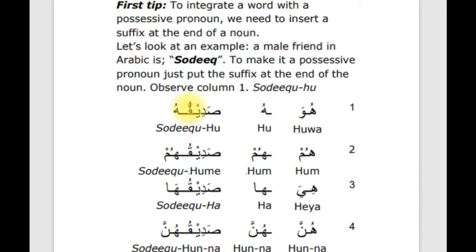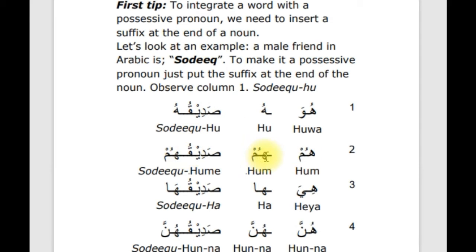Since sadiq is a word, when I want to make it possessive, I need to use this possessive column here. It looks different. Huwa, sadiquhu. So I need to join the hu into the sadiq. Sadiquhu.